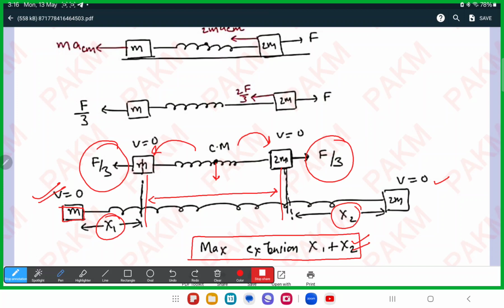Now we have applied force, reference frame, center of mass, everything. For the sake of extension, we will apply the work-energy theorem from the chapter work, power, energy.